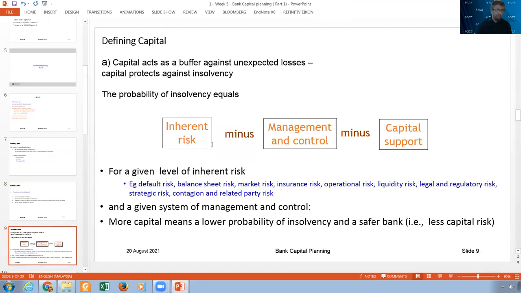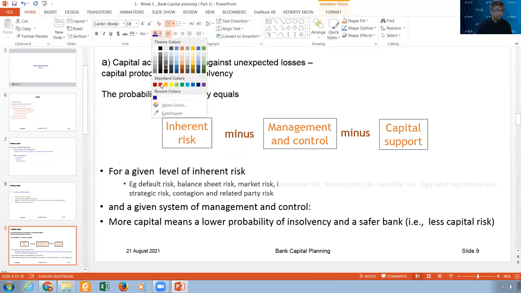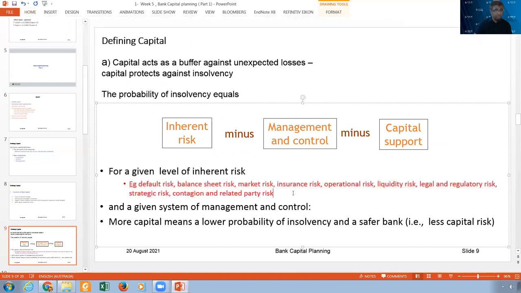Now, I think I have talked about this, which is the buffering issue. You have the internal risk, which is all of those risks we keep talking about. You already know it. We have talked so many times about it. You have defined so many of them. This created risk is coming in this area, and in this area we will have all those management systems, controls, and corporate governance inside the bank to prevent this risk or to decrease it, like the credit policy, the liquidity policy, the trading policy.